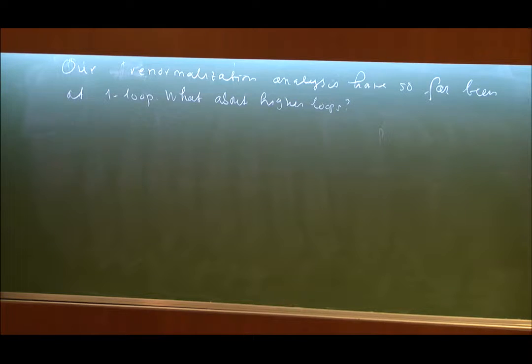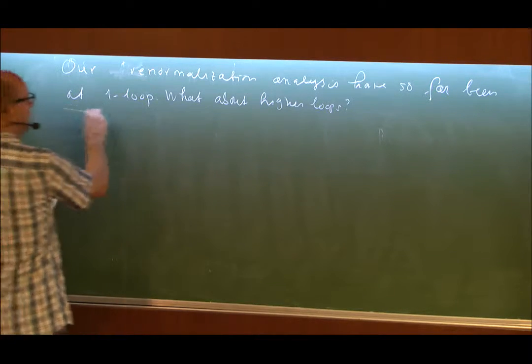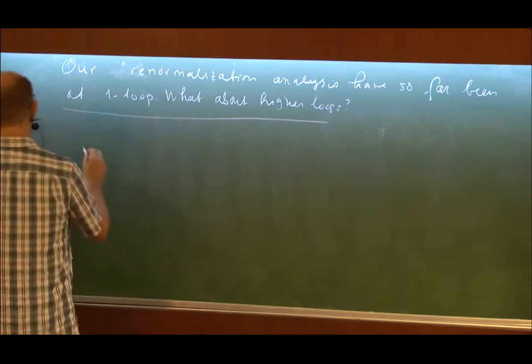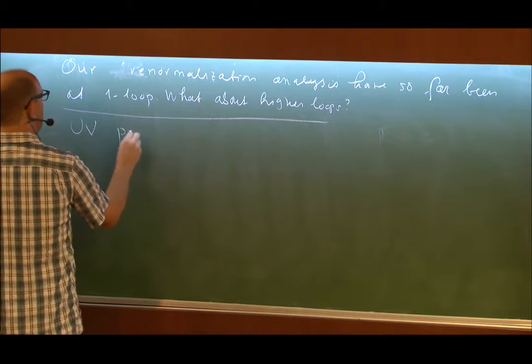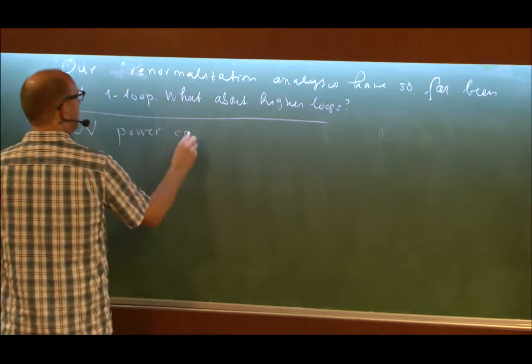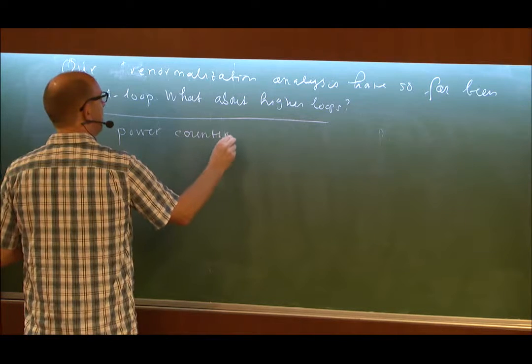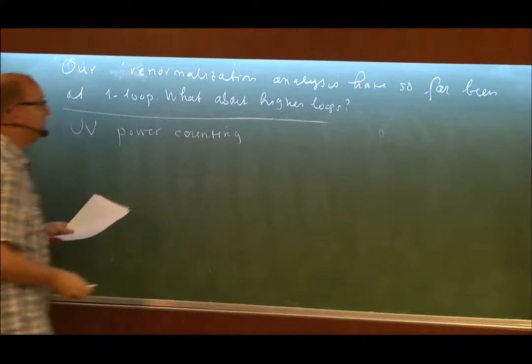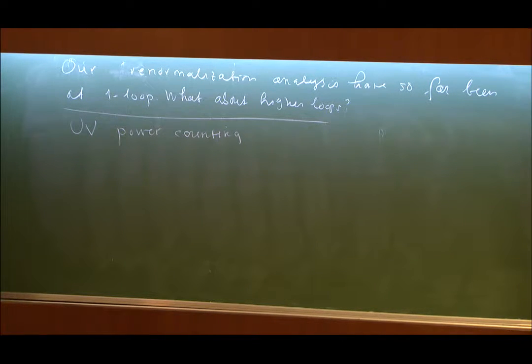And so you can find some surprising mathematical structures in these higher order terms. So what we like to do is at least do some naive power counting, something called UV power counting. Can we at least get a rough estimate of whether a diagram is UV divergent or not? But in the most general sense, and maybe some of you have seen this, it's kind of a fun little analysis with a surprisingly nice outcome.